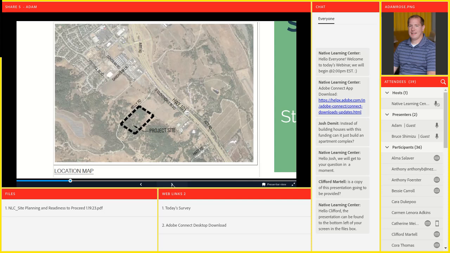Sure, Adam. Cloverdale is about an hour and a half north of San Francisco, as Adam mentioned, in the Sonoma County wine country. If you see the road, Kelly Road, there's a parcel above Kelly Road, and then you see the dashed line for the project site from just north of Kelly Road all the way down to where you see the words project site.